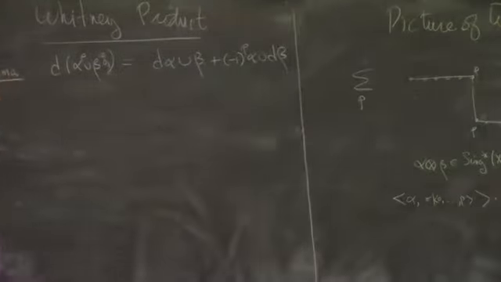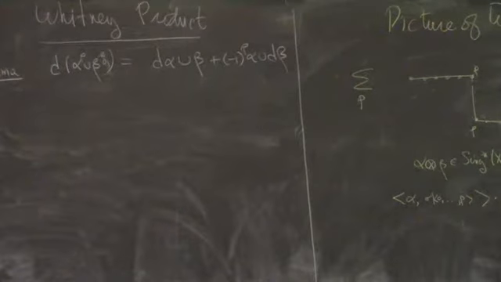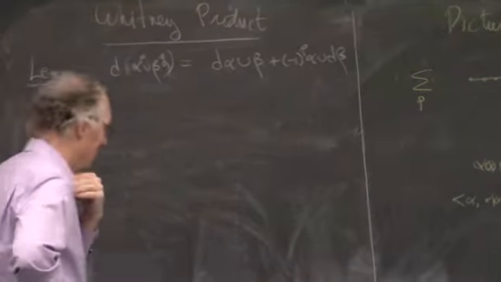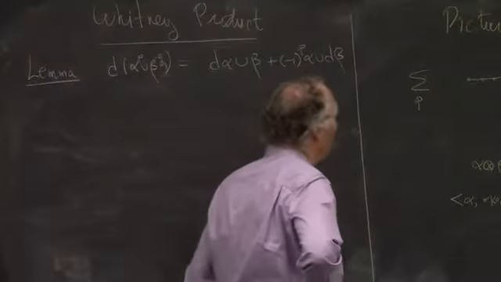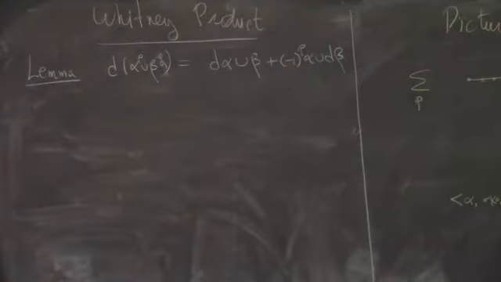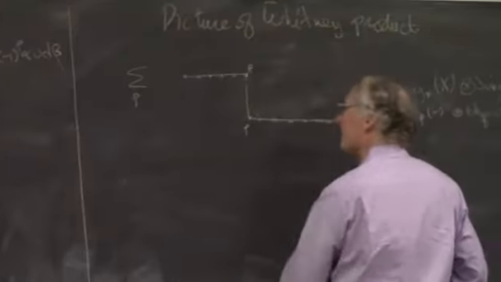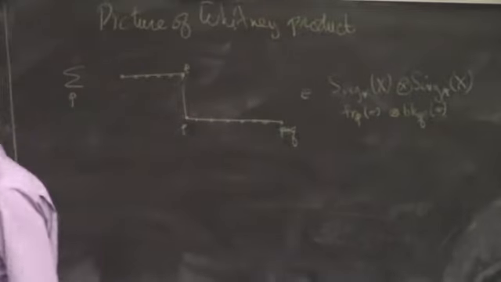The sort of formula you're used to from the cohomology sign rule. And I want to prove this both in the picture language and in the formula language.